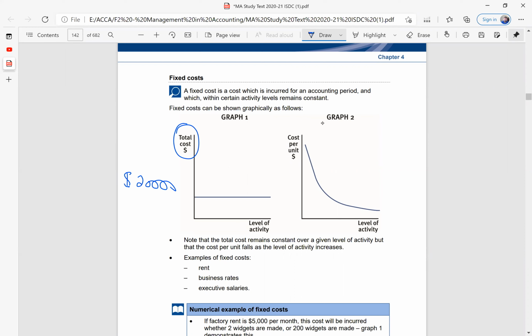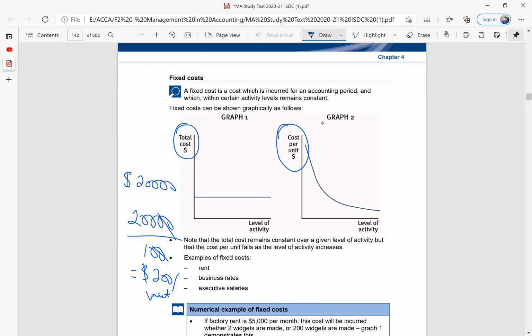But when you start producing 100 units, you're going to divide this. Why? Because every unit will incur some charge of fixed cost; it is going to contribute towards some fixed cost. So 20,000 divided by 100 would give you $200 per unit of fixed cost.